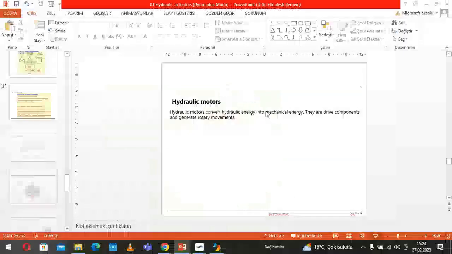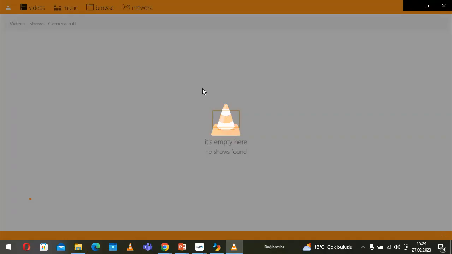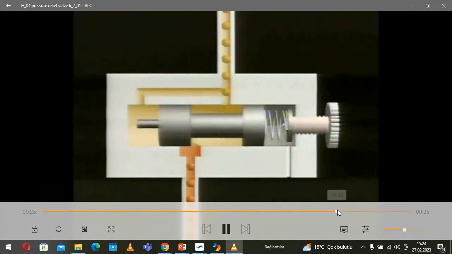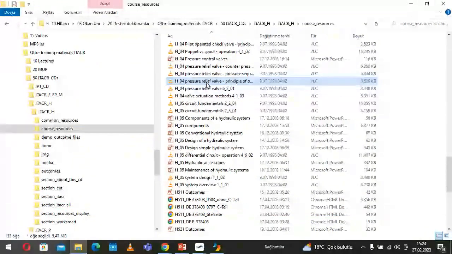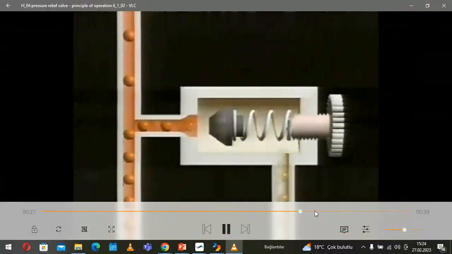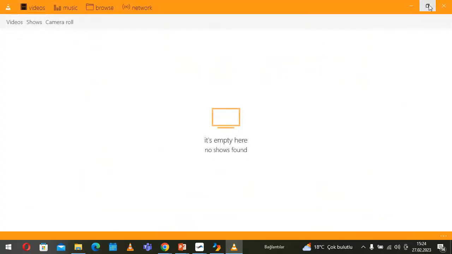External gear motor, maybe once more I can show you here. Addition, the control blocks the pressure line, which prevents from rising any further. For example, because of its direction. It's also not.